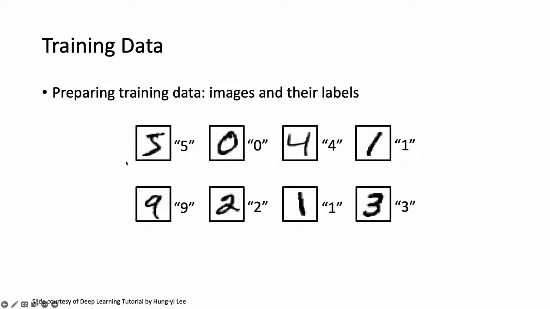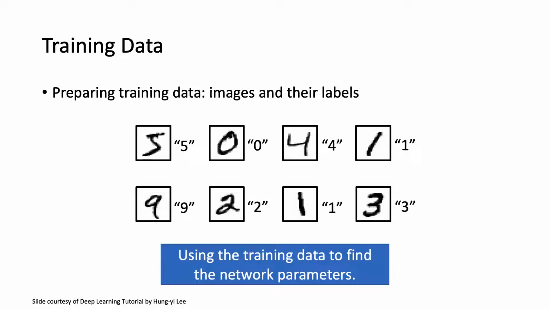It includes both the images and the correct labels. Here I'm giving some examples of digit images and the corresponding labels for each image. And this will be the input to the neural network that teaches the model to learn suitable parameters for the task.